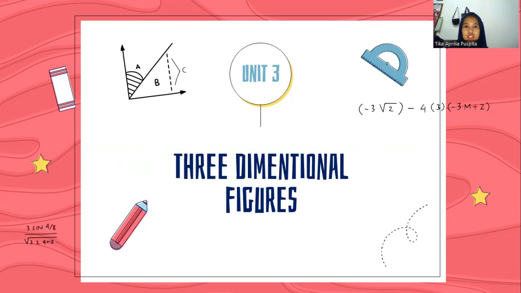So in this section, I will explain about three-dimensional figures. We have identified two-dimensional figures before, and now we will identify three-dimensional figures. Three-dimensional figures are known as solids and have three different measures, such as length, width, and height, as its dimensions.